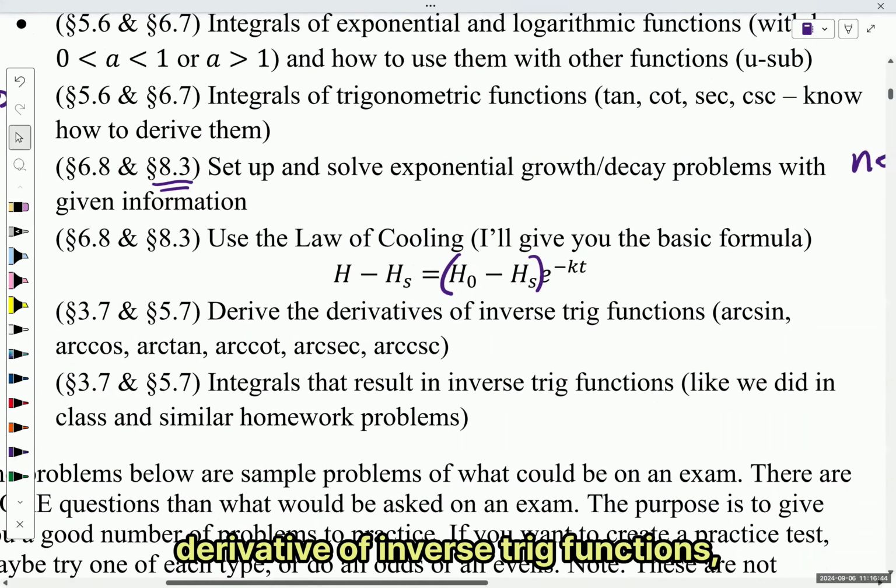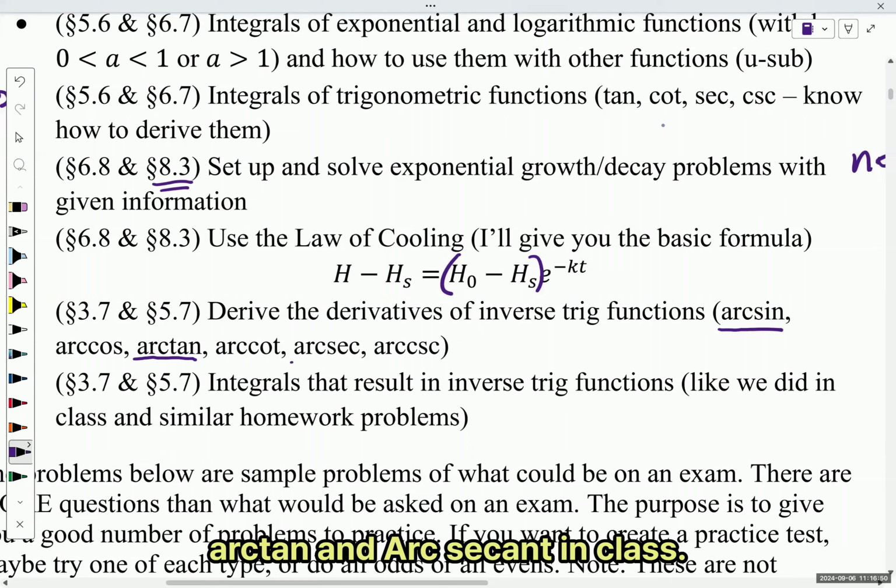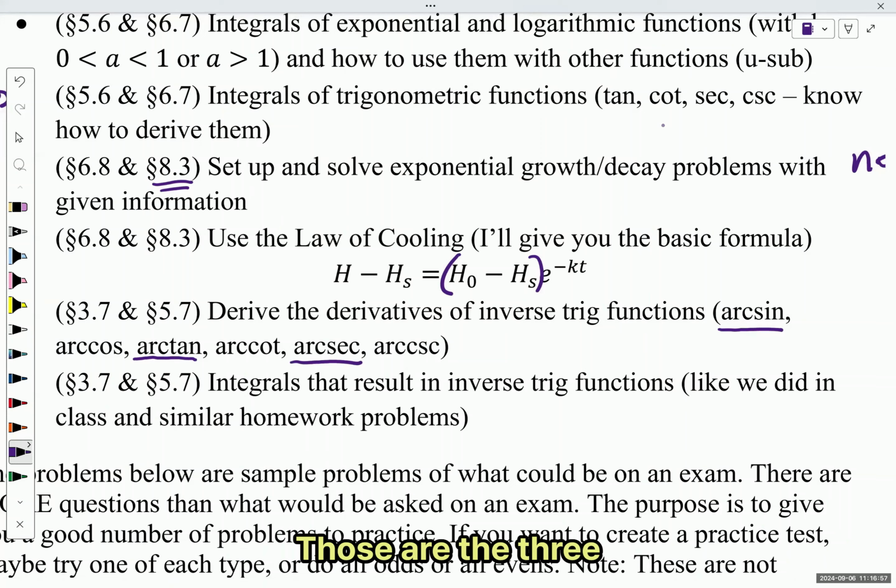Derivative of inverse trig functions. So we did arcsine, arctan, and arcsecant in class. Those are the three that I would pick from for deriving, if I asked you to derive one.